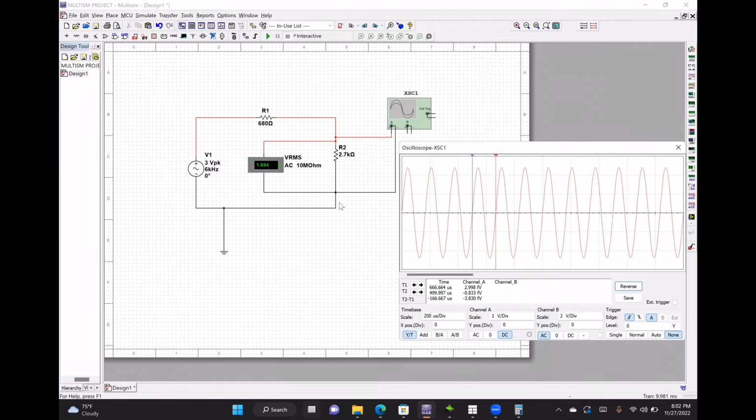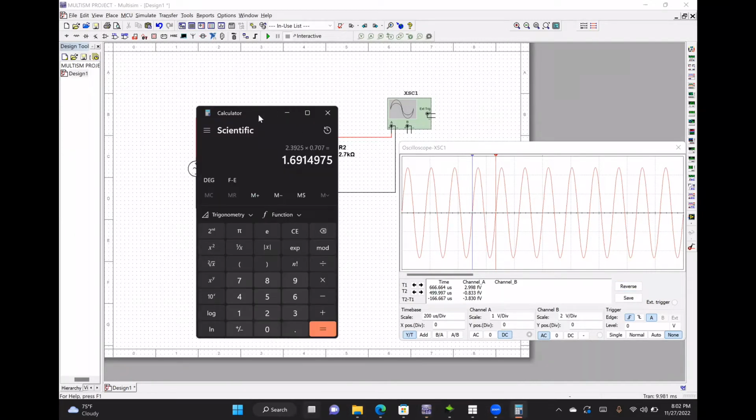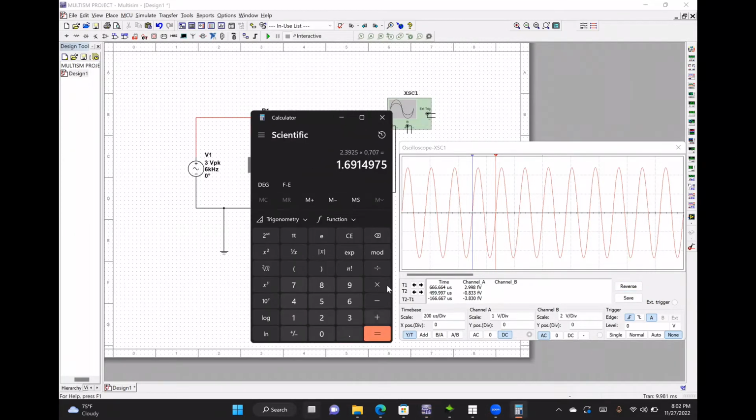But if I wanted to solve for it using time, I would just go ahead and pull up my calculator one more time. I would go 1 divided by 166.667 microseconds.